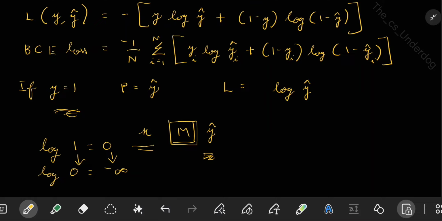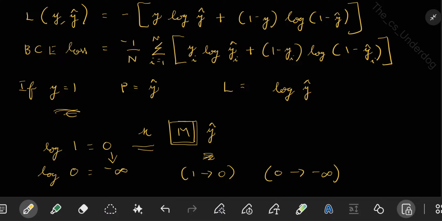So it will keep decreasing. If I take any value in between, according to the magnitude of that value, the log of that value will have a magnitude from 0 to minus infinity. So as of now, just understand that as your y cap moves from 1 to 0, log y cap will move from 0 to minus infinity.